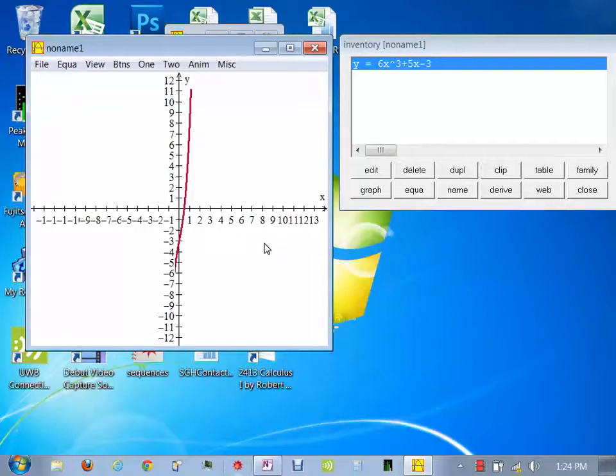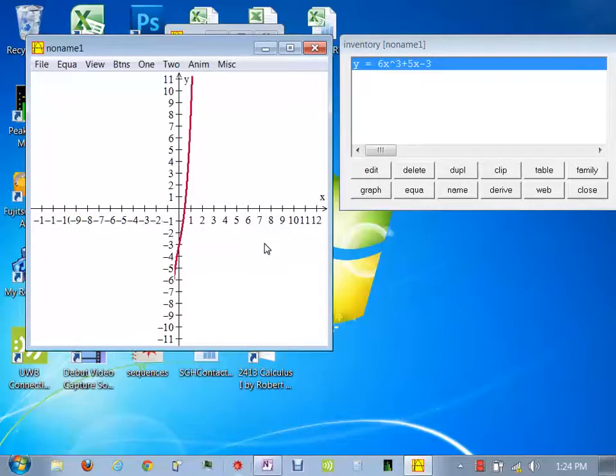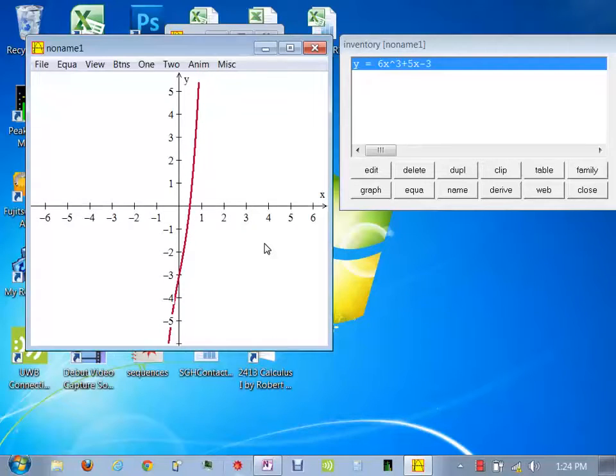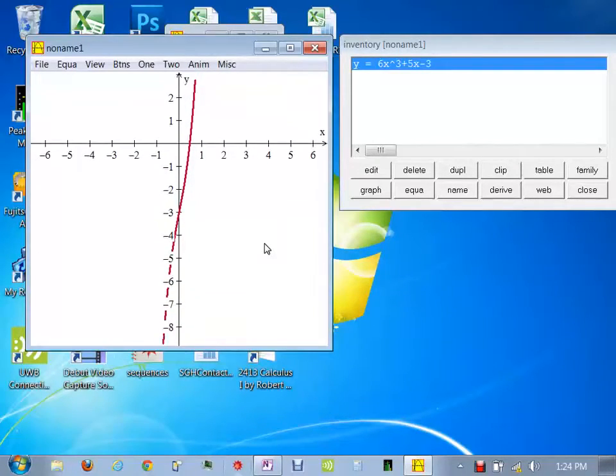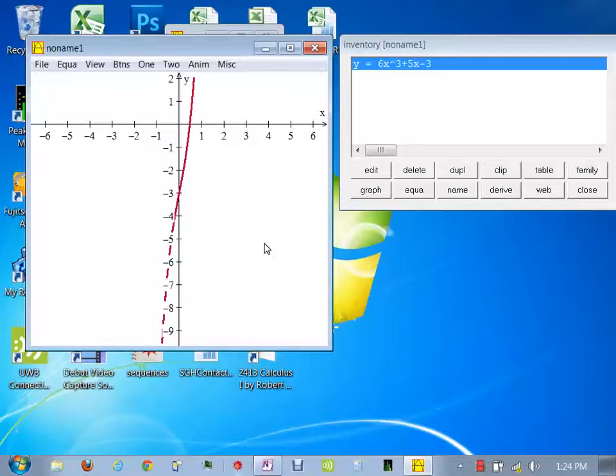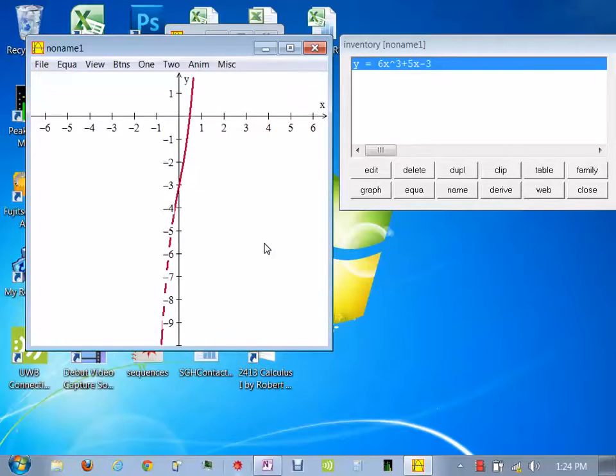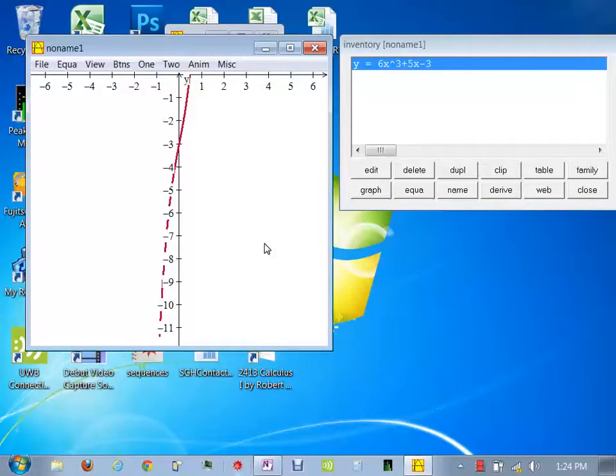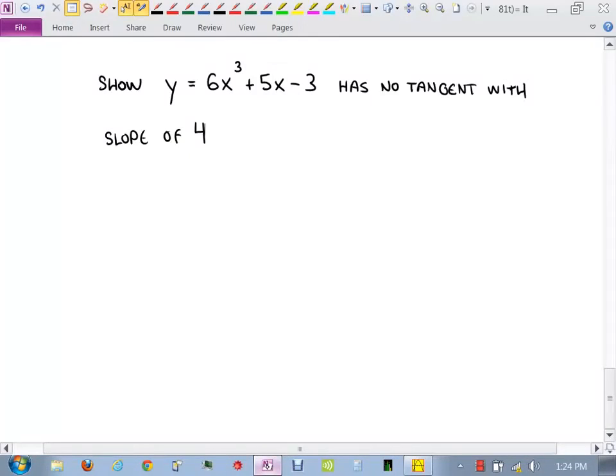Now, it's saying for us to show that this function never has a tangent line that achieves a slope of 4. So how can we show that? Well, what is the slope of the tangent line?